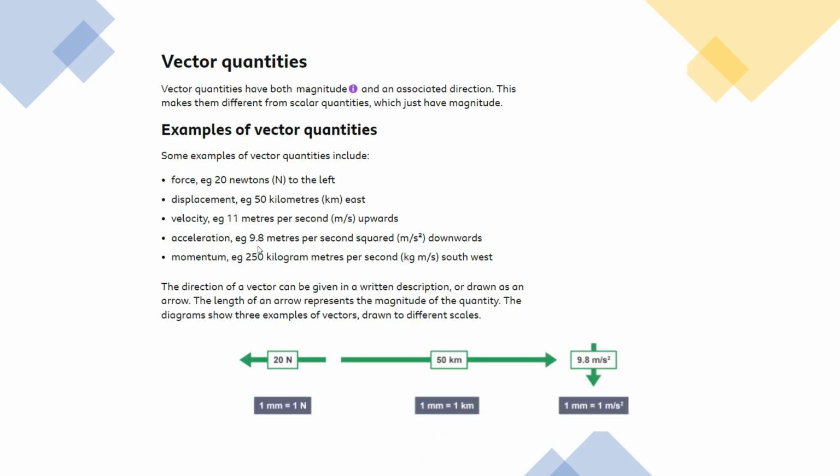Now coming to the next, which is a vector quantity. What is a vector quantity? A vector quantity is a quantity which has a magnitude and an associated direction. Now let's try to understand. Suppose you want to go from your home to Barking tube station.